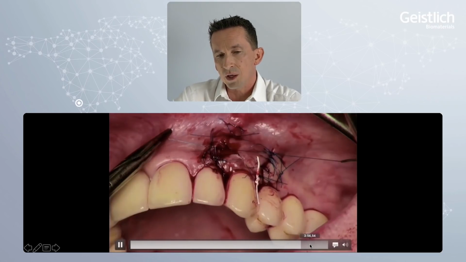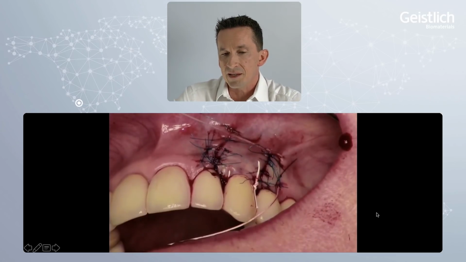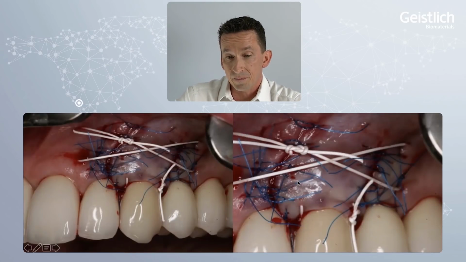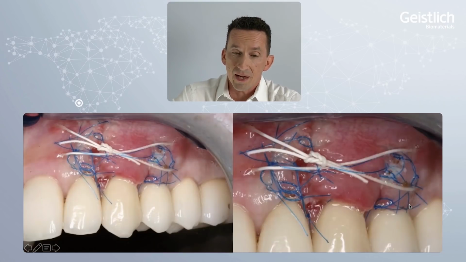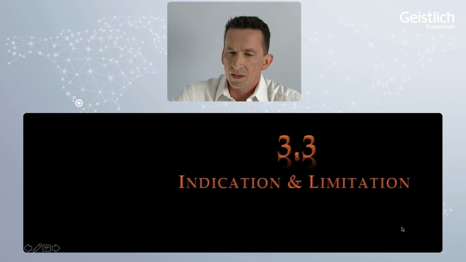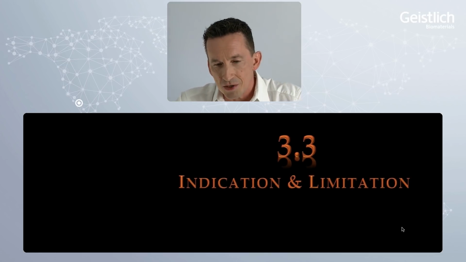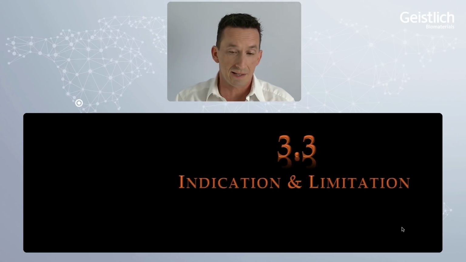So after approximately 45 minutes, you end up like this. And now we wait minimum 5 days, maximum 7 days to remove the sutures again. What about the indication, but also the limitation of the Geistlich Fibro Guide?